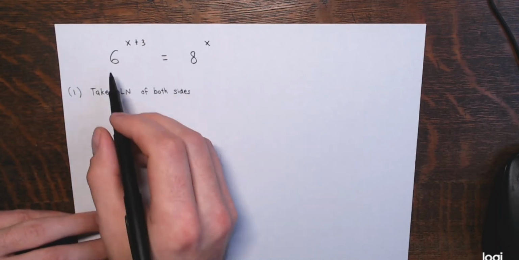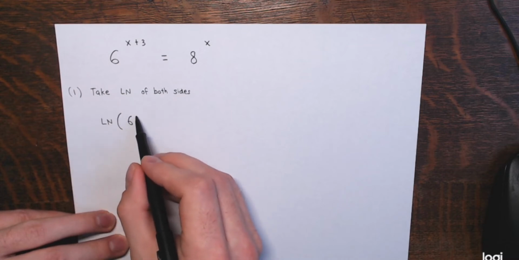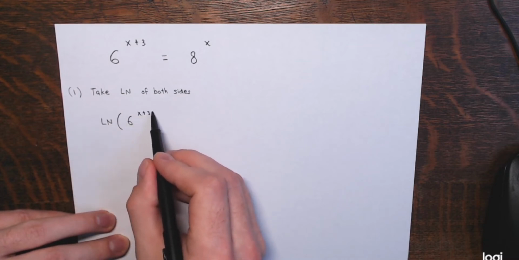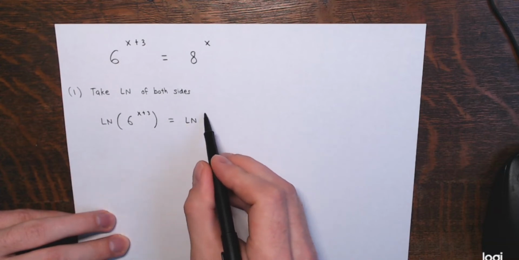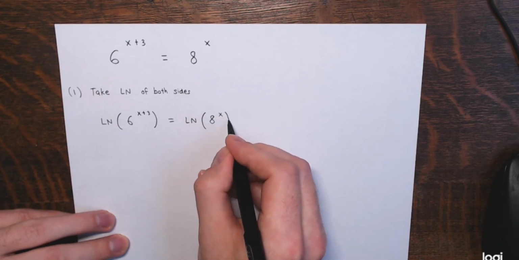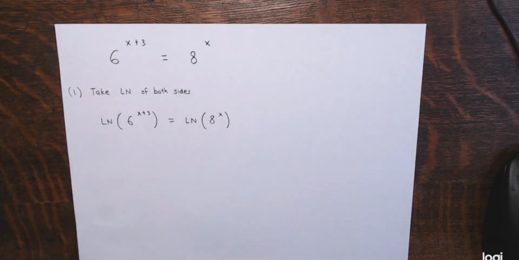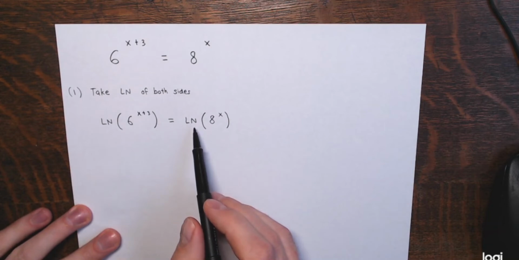So the natural log of the number on the left, 6 to the x plus 3 power, should be equal to the natural log of the number on the right, 8 to the x. Okay. Then the reason we're using logarithms here is so we can apply the power rule.